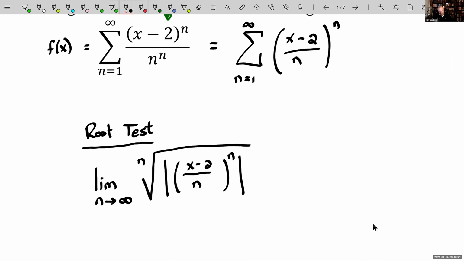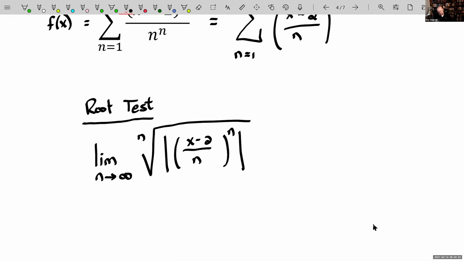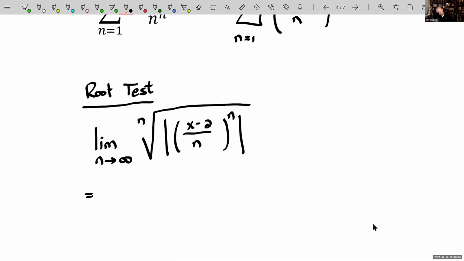All right. So let's go ahead and take the nth root of that nth power. So we get the limit as n goes to infinity of the absolute value of (x minus 2) over n. Remember, n is positive, so it doesn't actually need the absolute value on it.